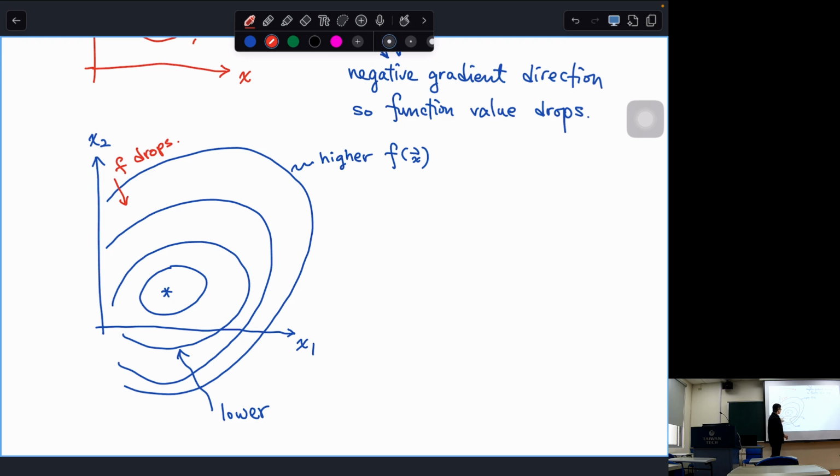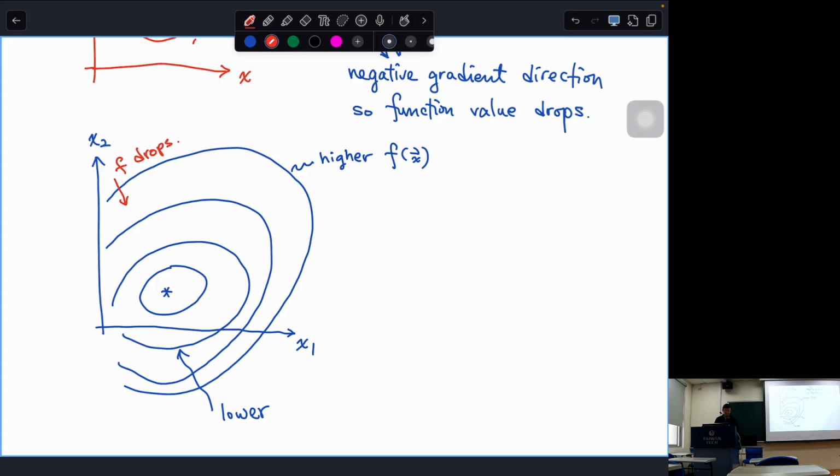Contours are curves with the same function values, and the gradient vector is always perpendicular to the contour.